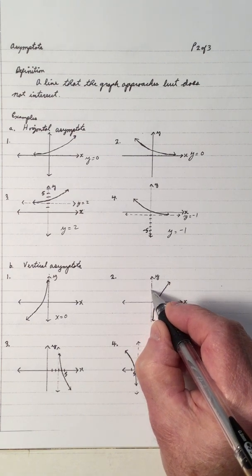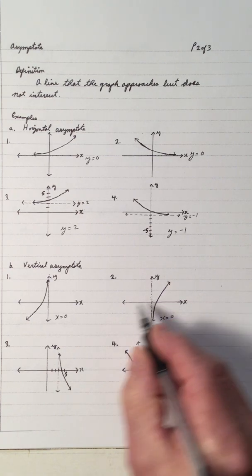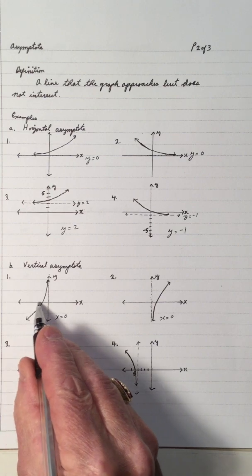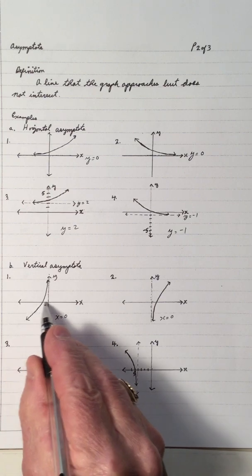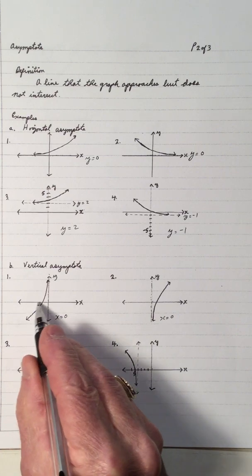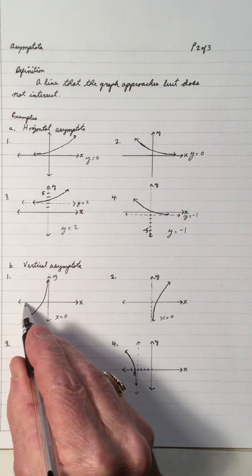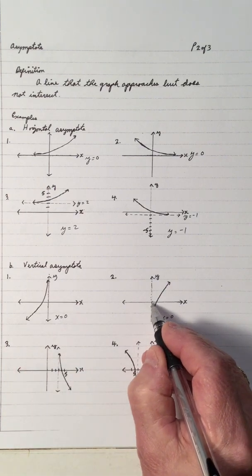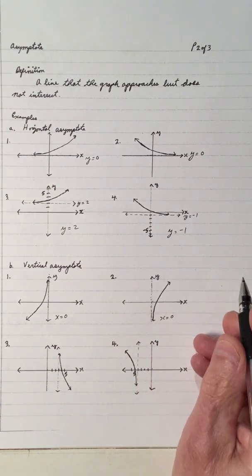It's the y-axis here. It's approaching it. And notice here, we're approaching 0 from the left side. So here's a 0, and we're approaching 0 from the left. Over here, we're approaching 0 from the right side.